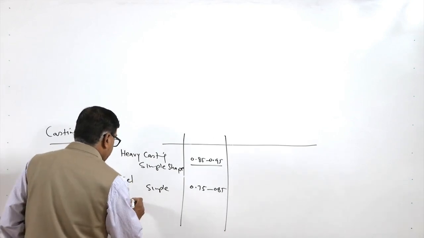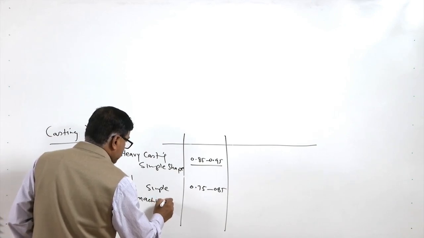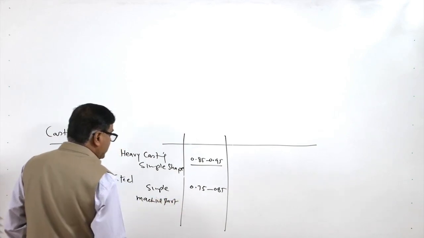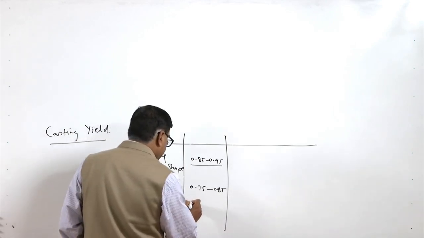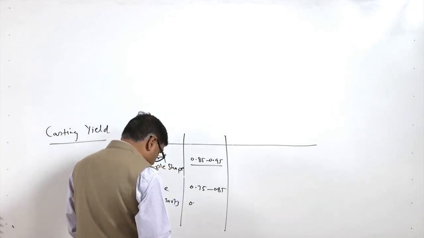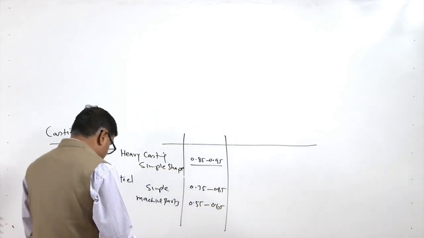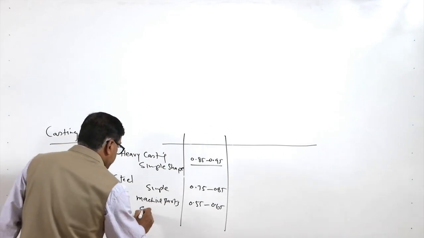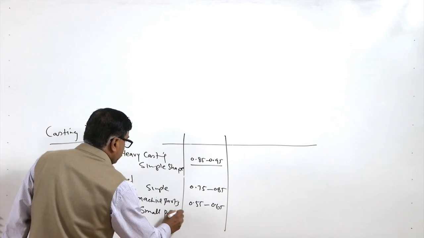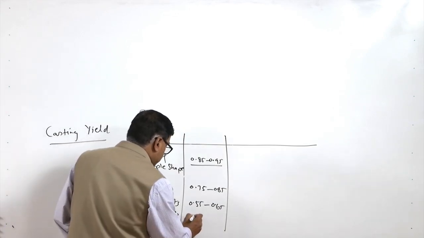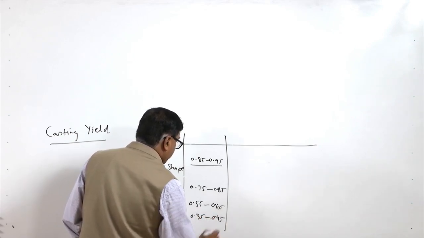For the machine parts, heavy machine parts made of the steel, the yield is in the range of 0.55 to 0.65, while in case of the small parts, the yield is found to be in the range of 0.35 to 0.45.